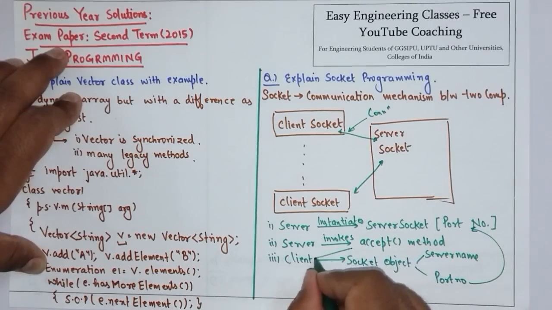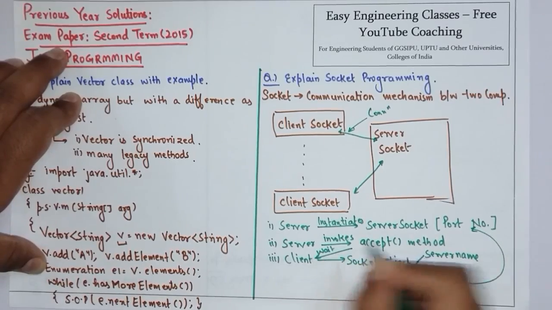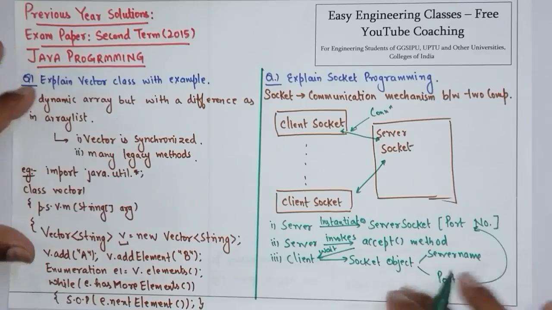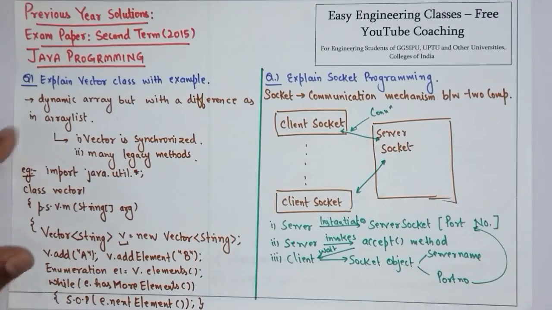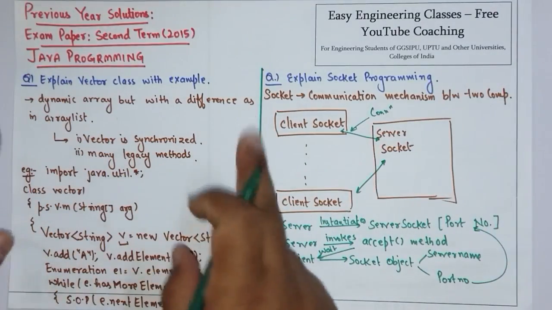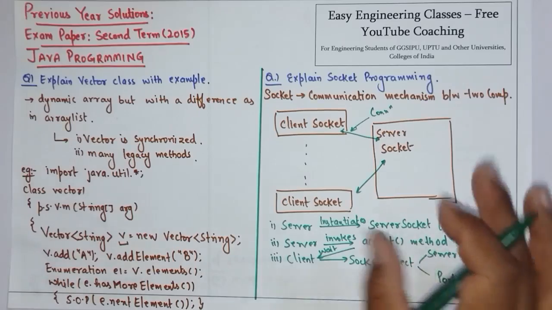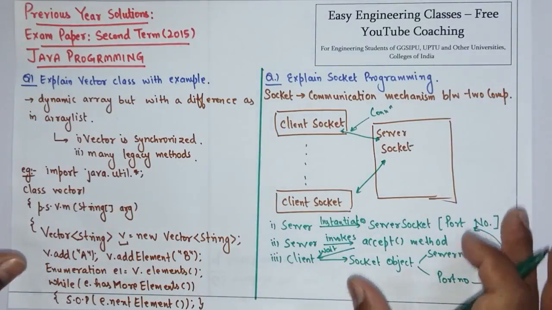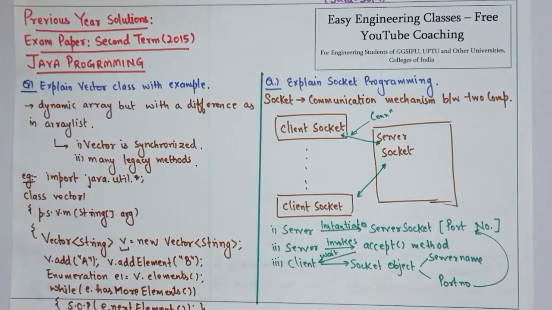And this accept method is actually waiting for the client to invoke the socket object and maintain the communication. So after explaining this part, you can see my video where I have explained the complete code of socket programming.